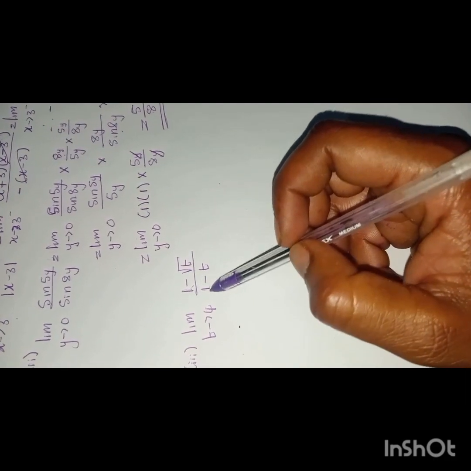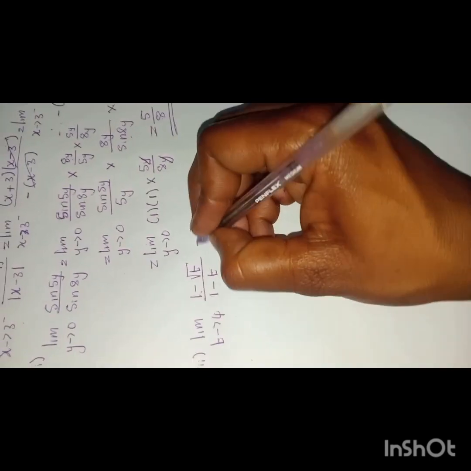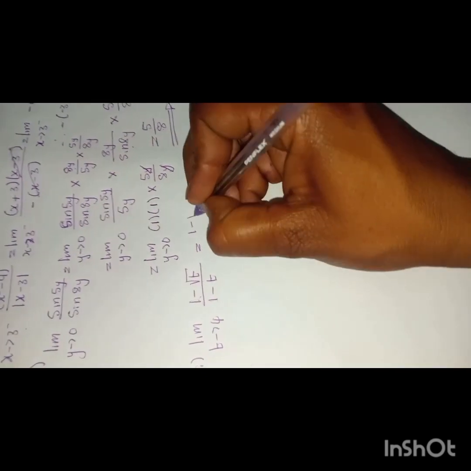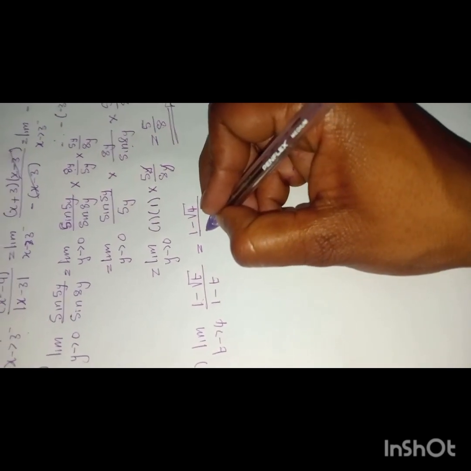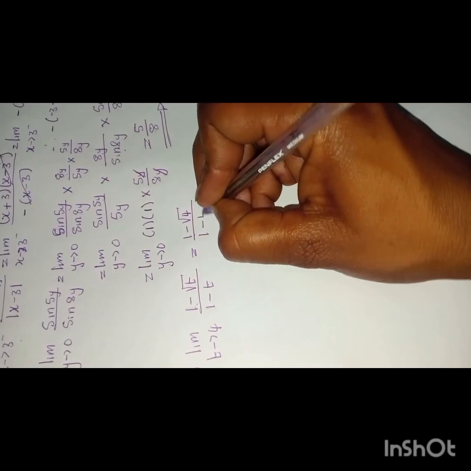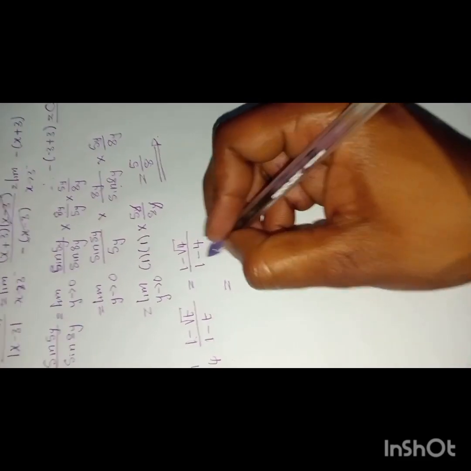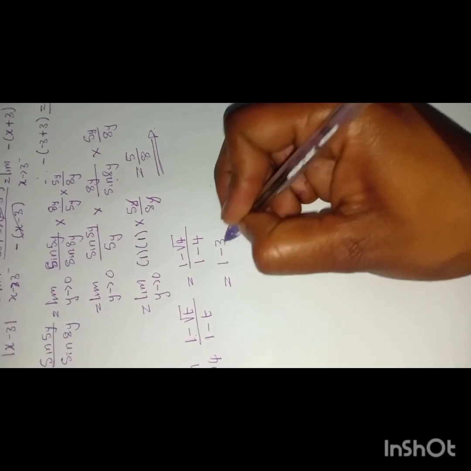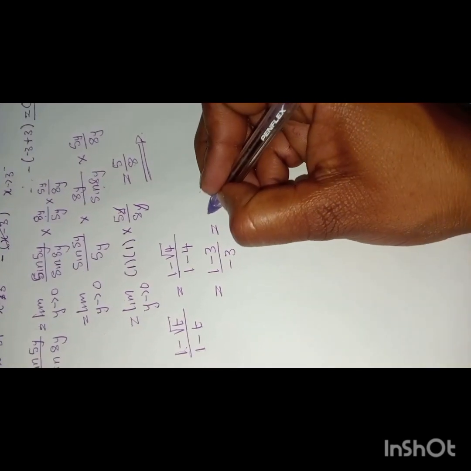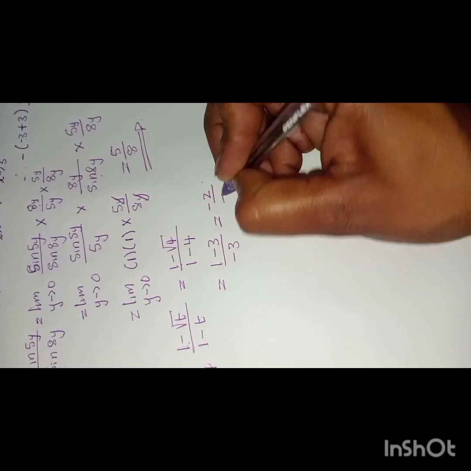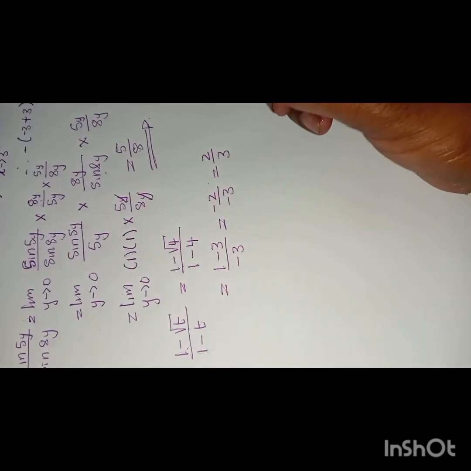Because you can substitute directly, by 1 minus root of 4 all over 1 minus 4. Then you can get the answer. Simple as that. Then 1 minus 3 all over minus 3, which is equal to minus 2 over minus 3. The answer is 2 over 3.